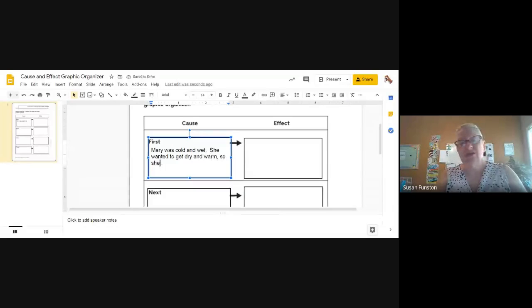So she decided to ride a streetcar. Okay, so which part of this is the cause? Okay, she wanted to get cold and dry. The effect is that she decided to ride a streetcar.